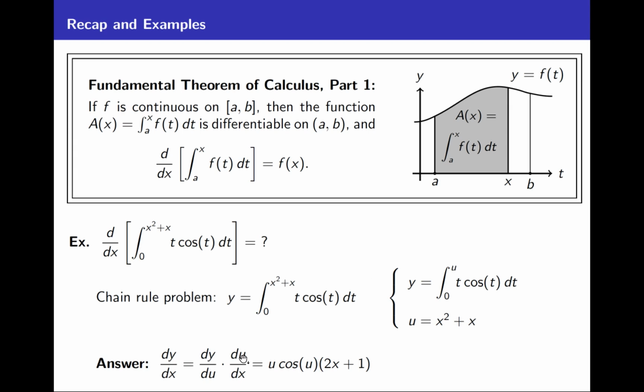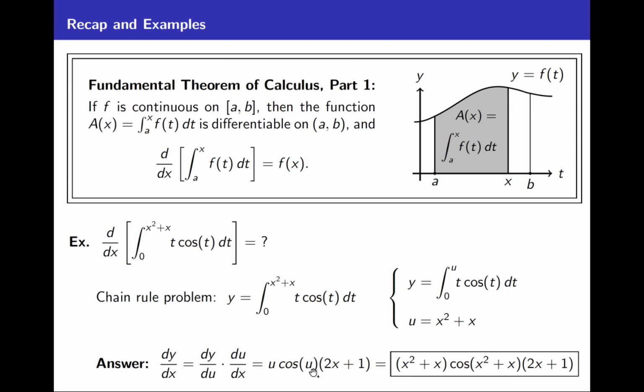So let's carry that out. dy/du is u cosine u. du/dx is 2x plus 1. And we're almost done. The only thing that remains is we want all x's. So remember, u is equal to x squared plus x in this setup. So these two occurrences of u have to be changed to x squared plus x.